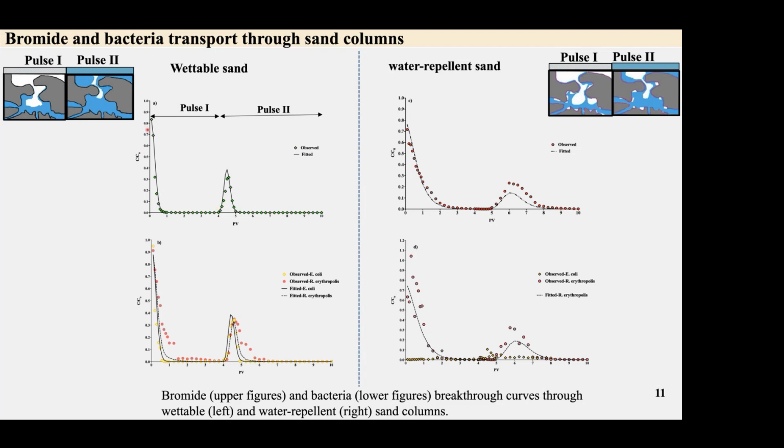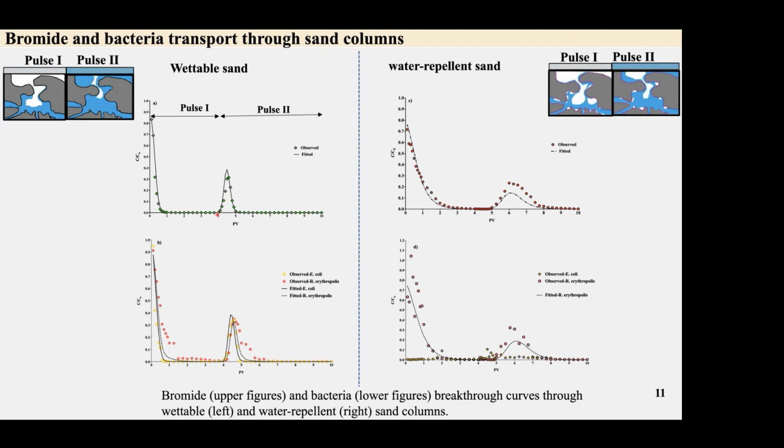Here we have bromide transport through wettable soil, and we see that the data was nicely captured by the model. At the same time, our experimental data shows that as soon as the effluent appears at the bottom of the columns, we have the highest concentration, and then the concentration sharply decreased until the end of the first pulse.